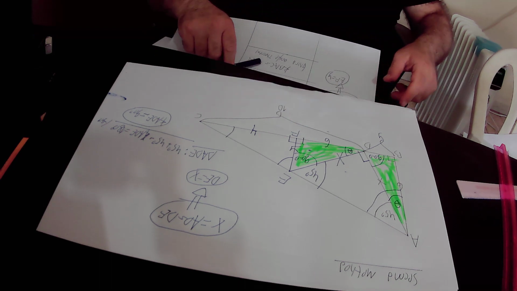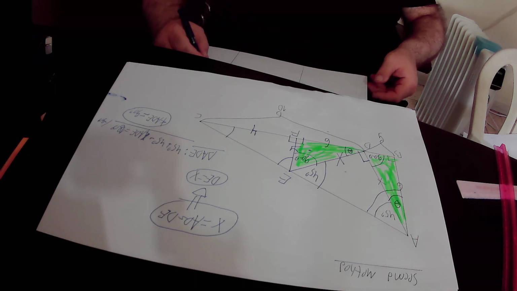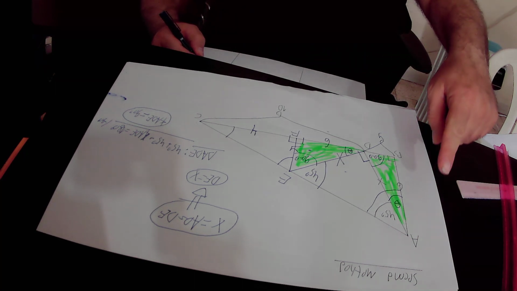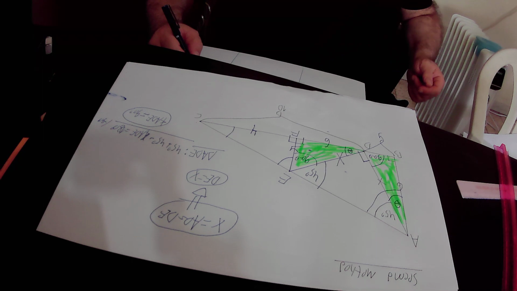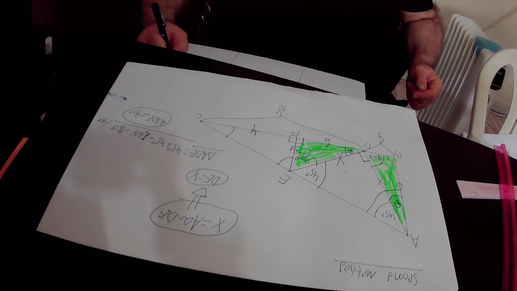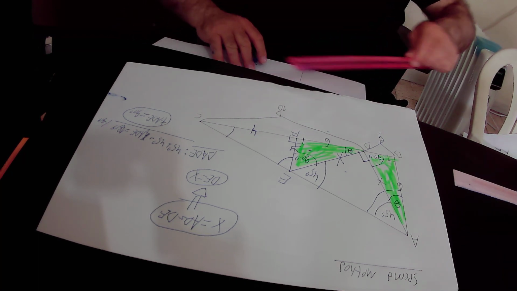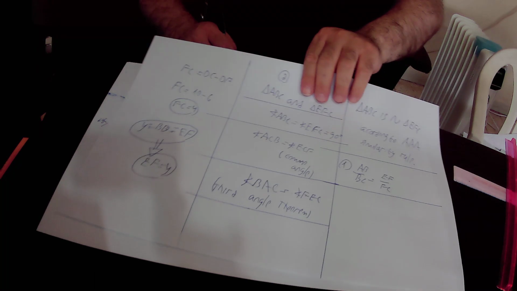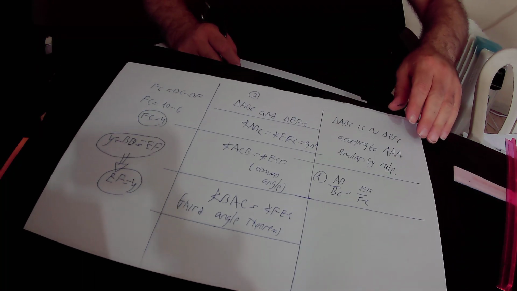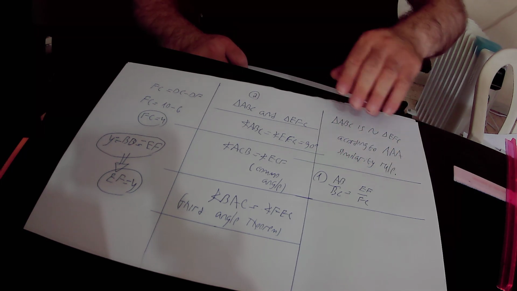And from the fact that triangle ABC is similar to triangle EFC, we will derive that AB over BC in triangle ABC is equal to EF over FC in triangle EFC. I repeat again, from the fact that the two right triangles are similar to each other, we derive that AB over BC equals EF over FC.